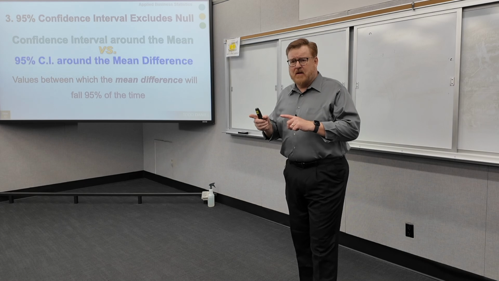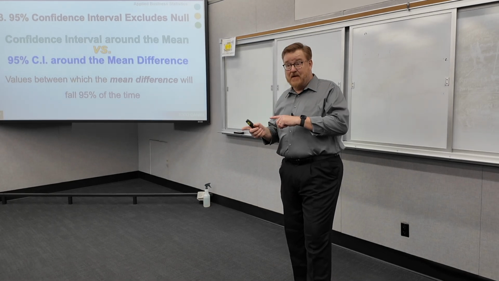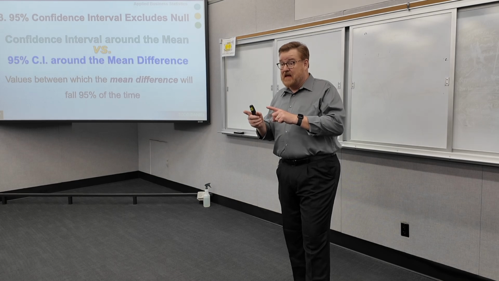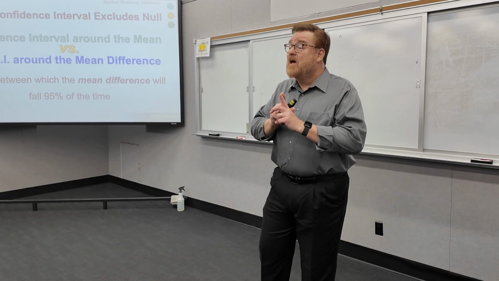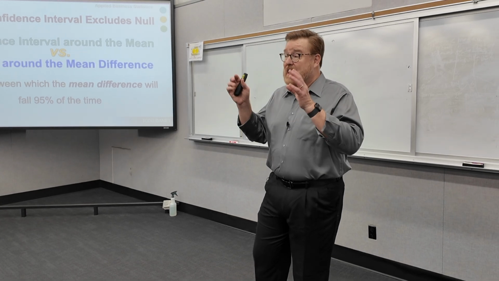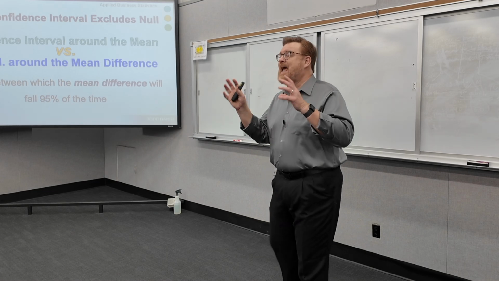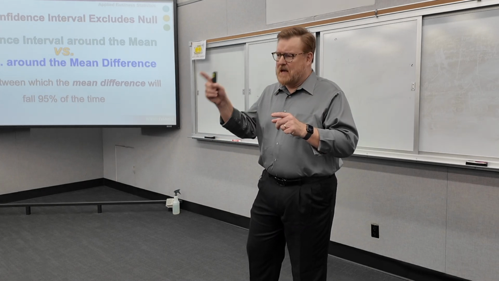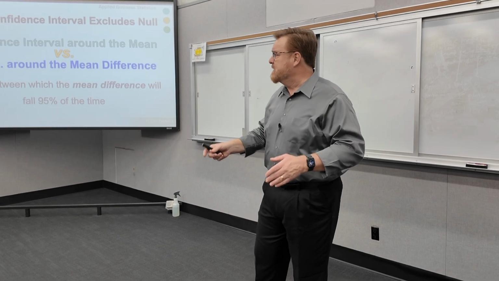A mean difference. Remember our starting point with our null hypothesis, the mean of the sample was the same as the mean of the population. The mean difference should be 0. So we're interested in whether an interval that is created for us by the statistical software contains either the null hypothesis value or 0 if we're looking at mean differences.